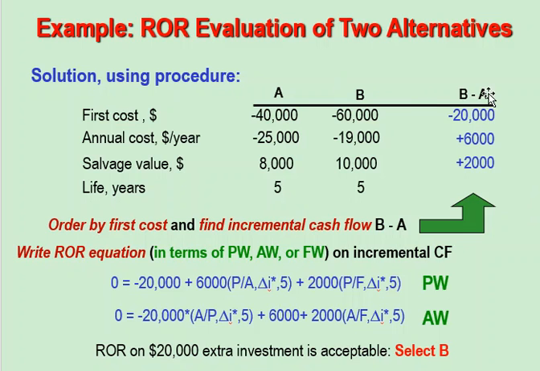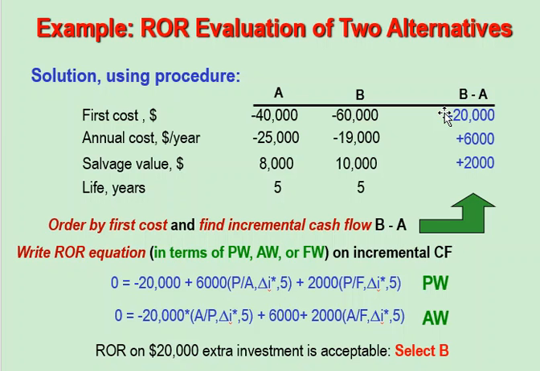Incremental rate of return, we use it because we have mutually exclusive alternatives. And since we do not know what our total investment is, and we really need a detailed idea of what's happening, I will get the cash flow of the alternatives.